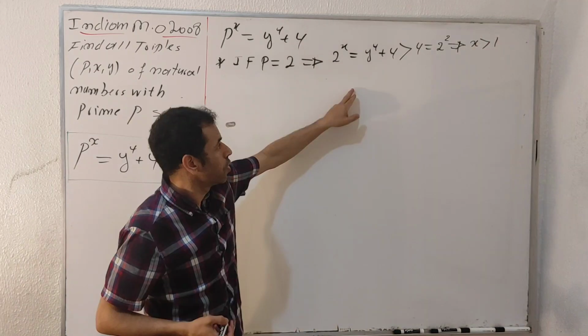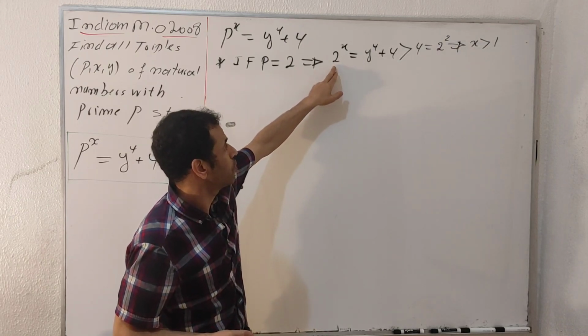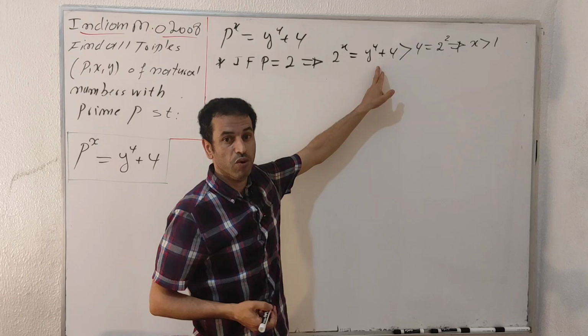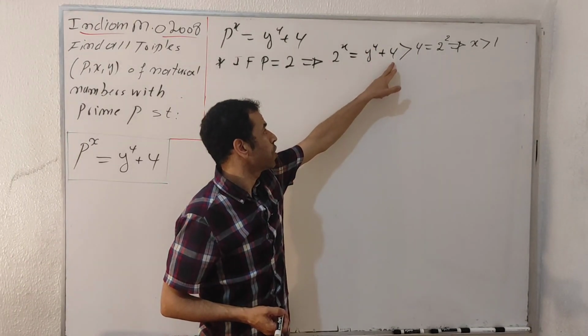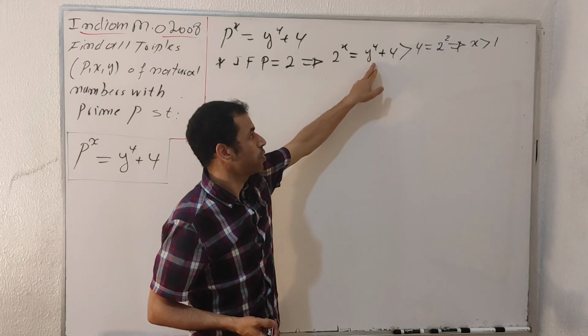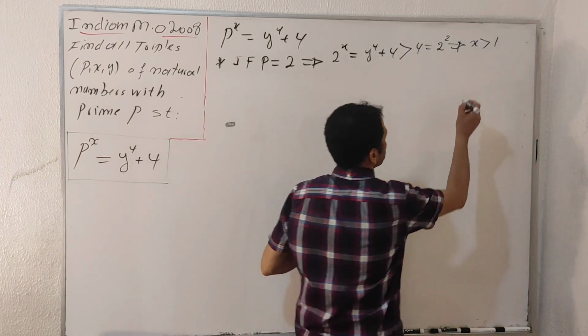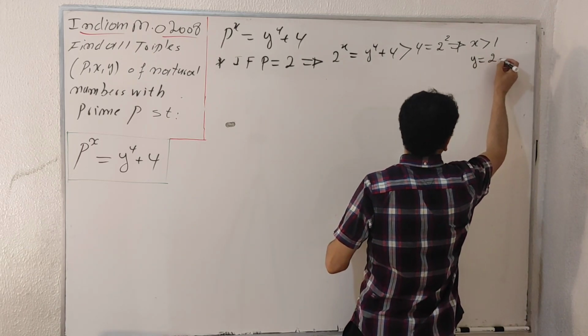On the other side, since the left hand side of this equation is even, the right hand side of this equation must be even as well. Since number 4 is even, y to the fourth must be even, which means y must be even. In other words, y must be written in this form: y equals 2m.